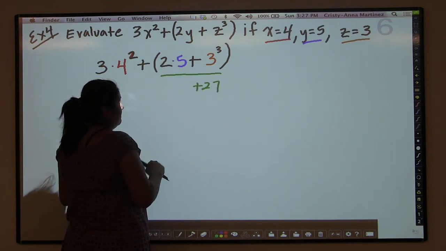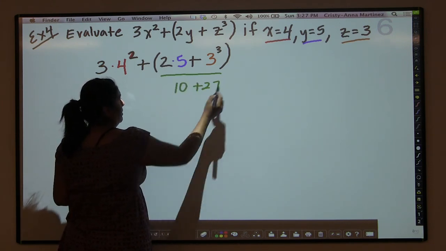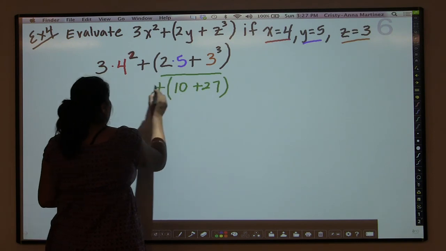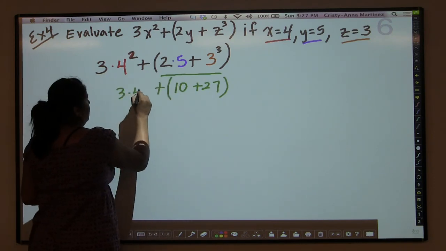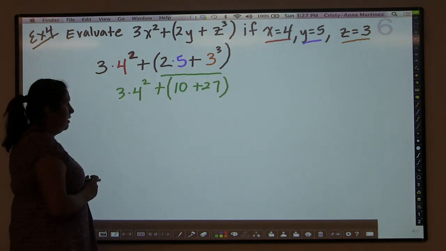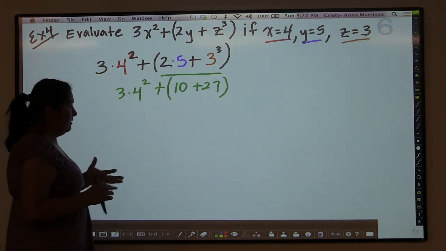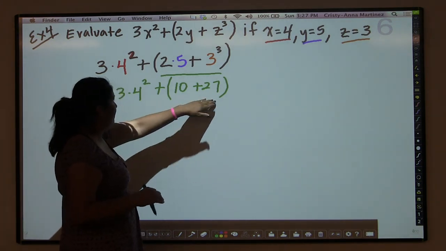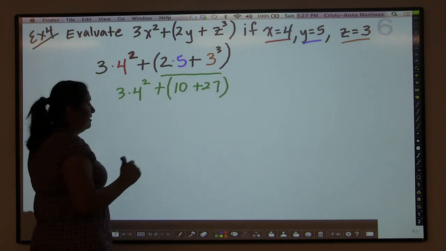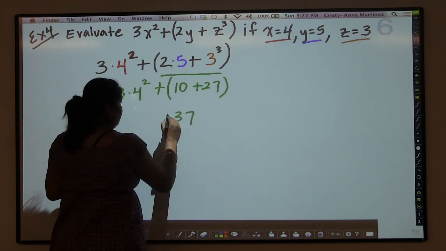And then we have the 2 times 5 is 10. And then everything else just gets rewritten. Okay, and then at least in these parentheses, the last thing we have to do is 10 plus 27, which is 37.